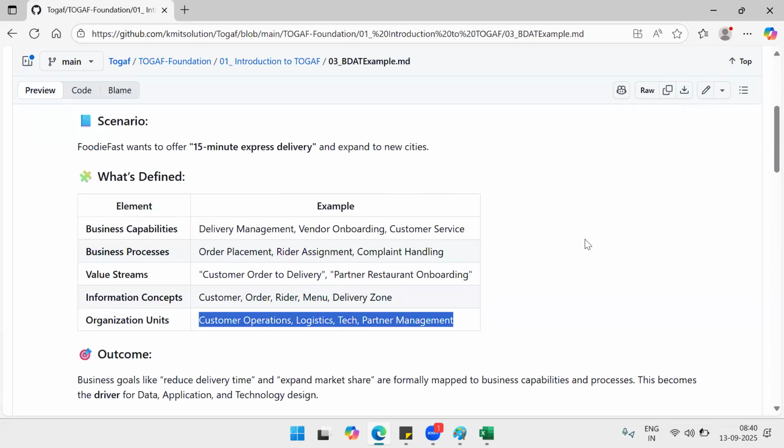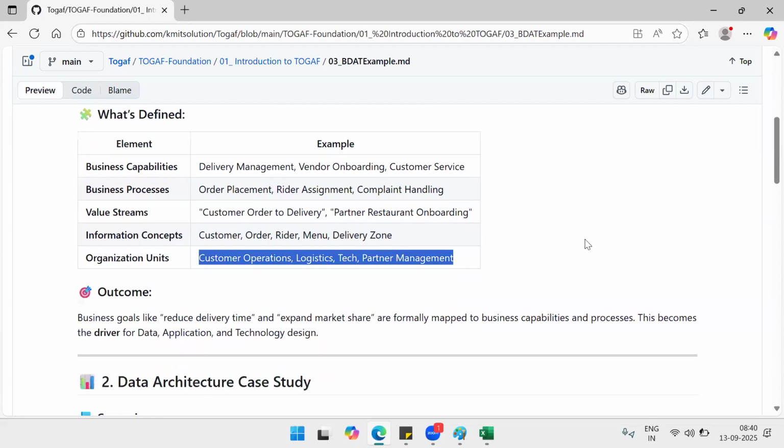So this is our business requirement. Business goals like reducing the delivery time and expanding the market share are formally mapped to the business capabilities and business processes. This becomes the driver of data, applications, and technology. So this is the trigger point.